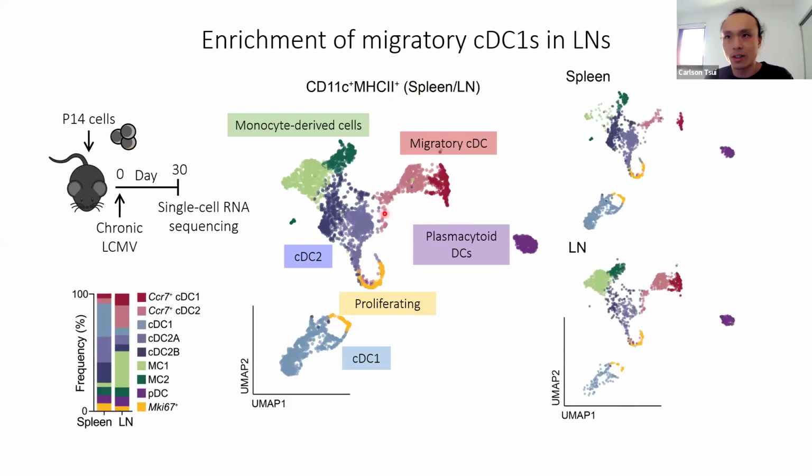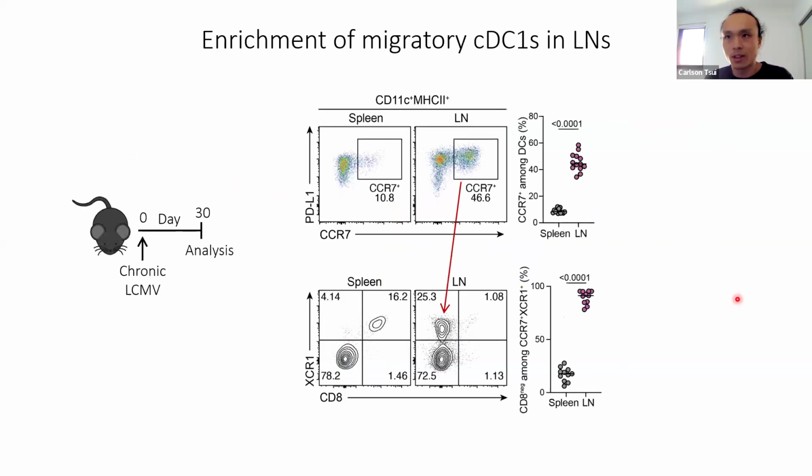We show that there are different subsets identified, including migratory cDCs, monocyte-derived cells, cDC1s, cDC2s, and also pDCs as main populations. What we found was that in the lymph node there's a specific enrichment, as expected, of the migratory cDCs. We confirmed that using flow cytometry.